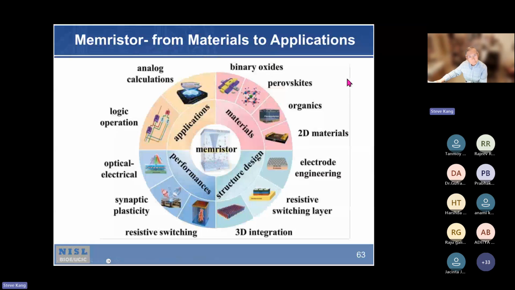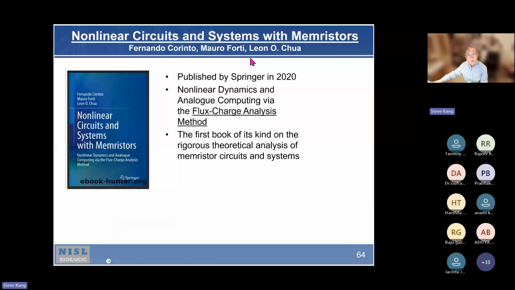There are also many books written about the memristor. One of the books is called Nonlinear Circuits and Systems with Memristors, by Politecnico di Torino, Professor Fernando Corinto, former PhD student Mauro Forti, and Leon Chua, published in the year 2020.